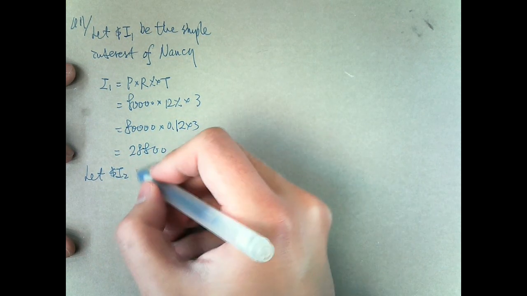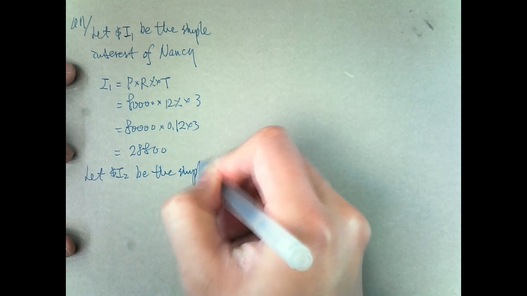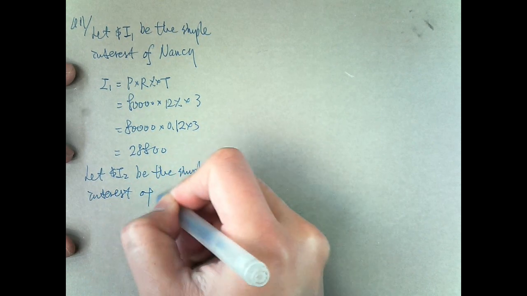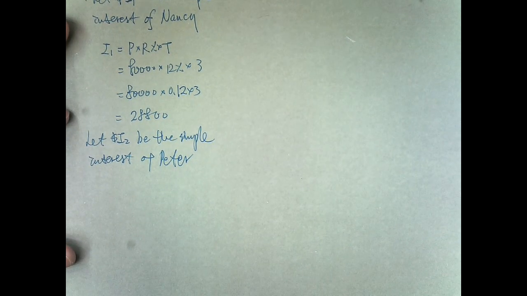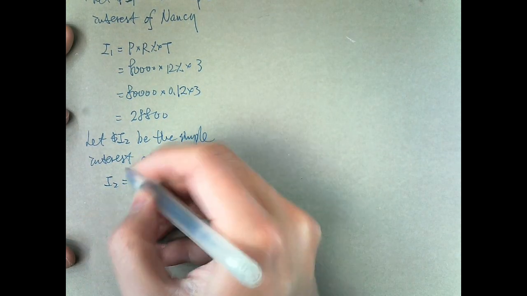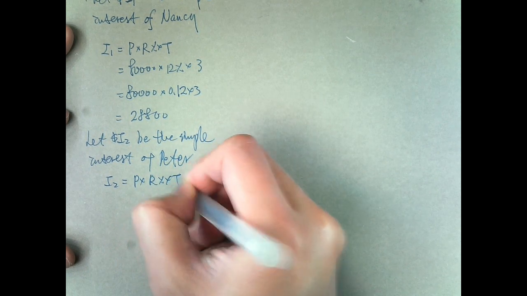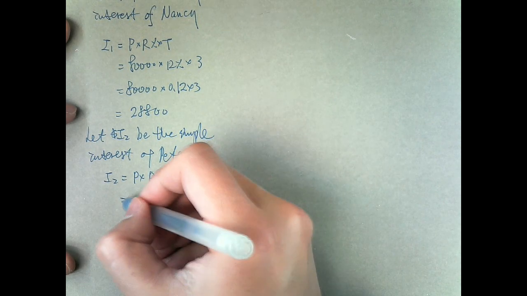So next, go to Peter. Okay, let this I2 be the simple interest of Peter. So the same way to calculate, understand? Still the I formula, P times R% times T, but just a different information, understand?